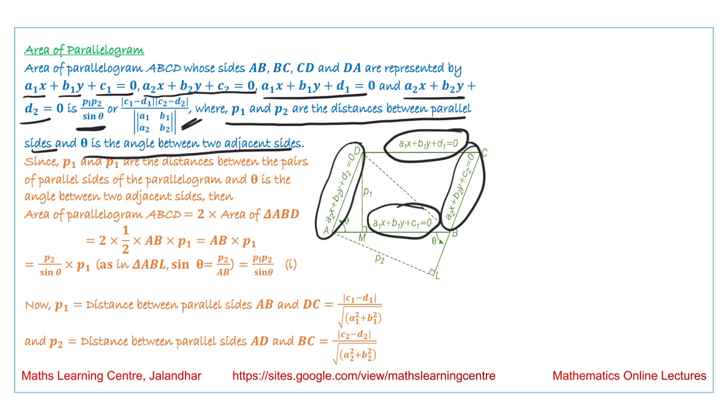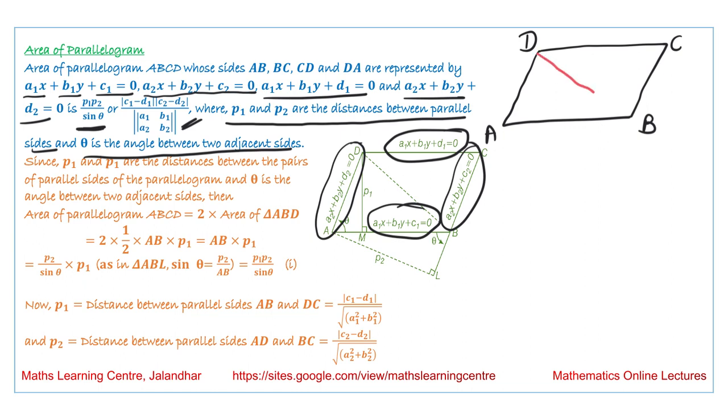Now we know that the area of the parallelogram, I am drawing this parallelogram again over here. This is A, B, C and D. And we are saying that the area of this parallelogram ABCD is equal to twice the area of the triangle ABD. So if we look at this triangle ABD, if we draw a perpendicular over here, this point is M, and this is P1, the distance between the two parallel lines.